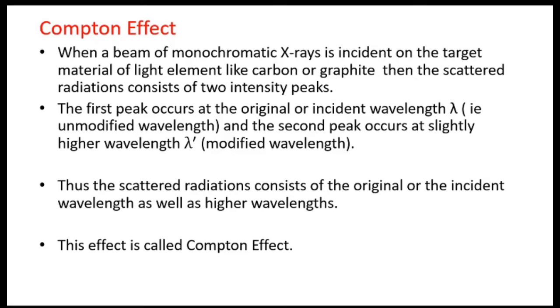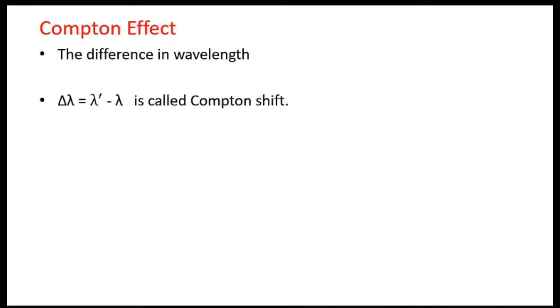One peak corresponds to the incident wavelength or the unmodified wavelength lambda, while the other peak corresponds to the modified or the increased wavelength lambda dash. And this effect was called Compton effect.